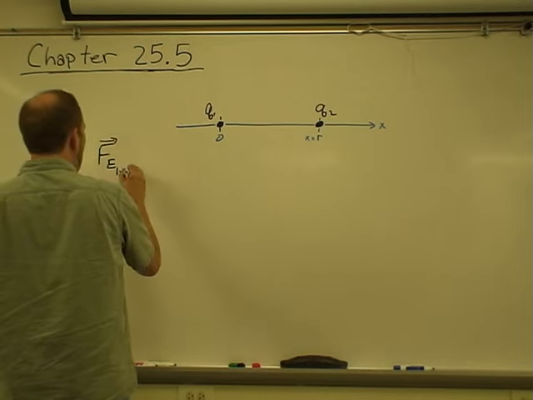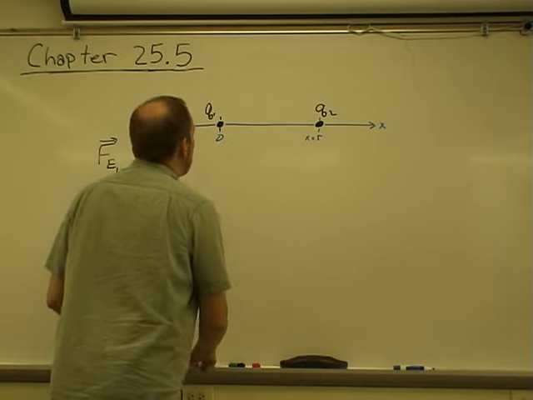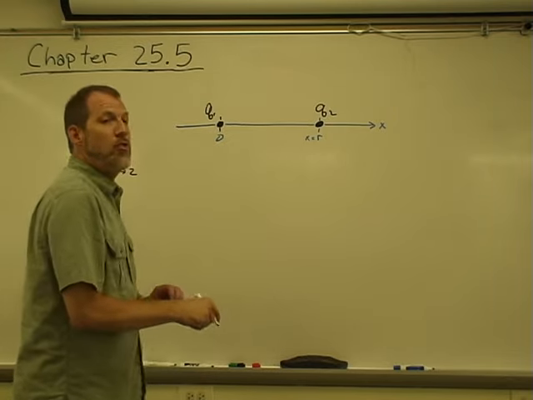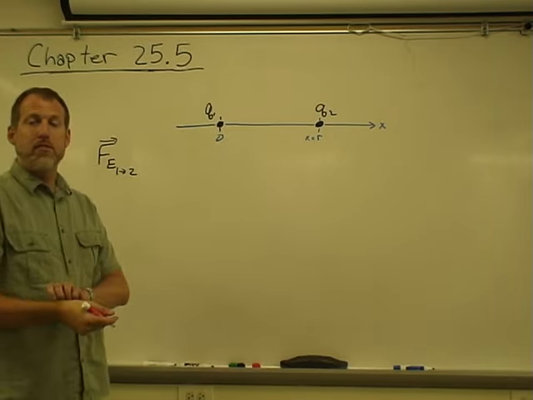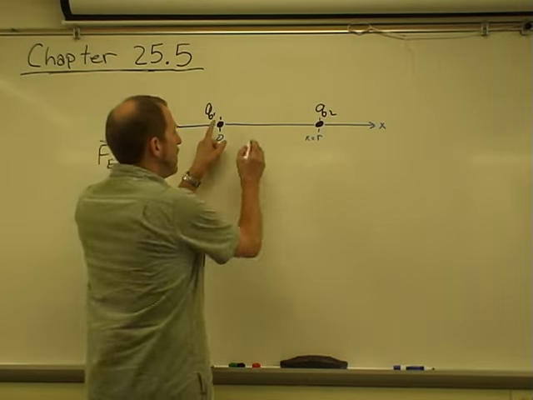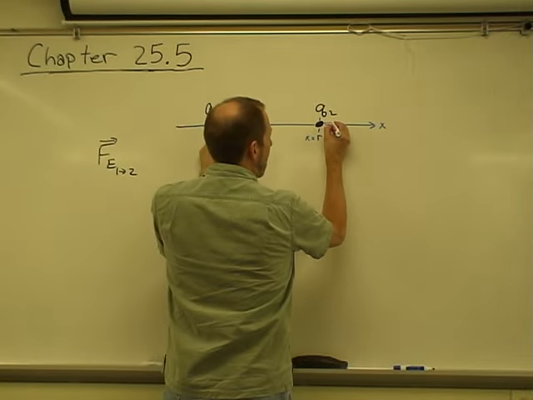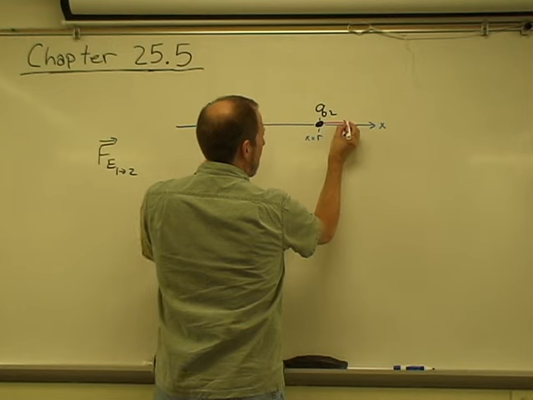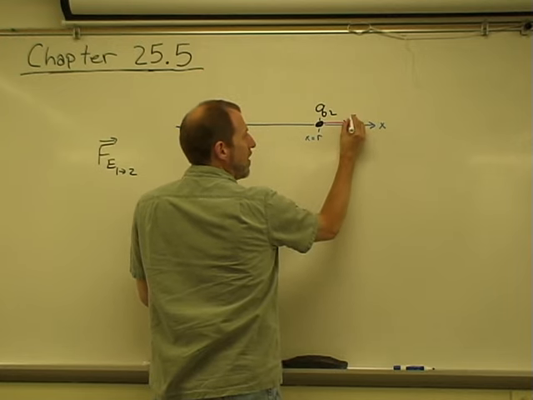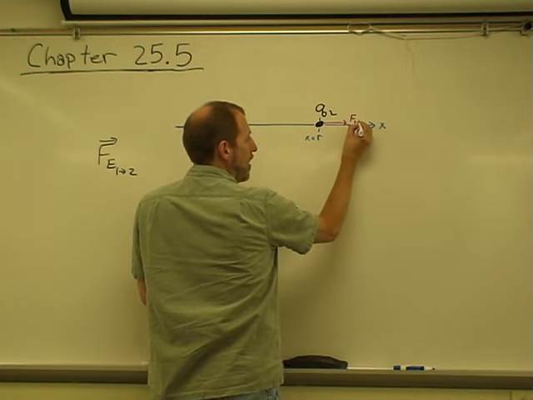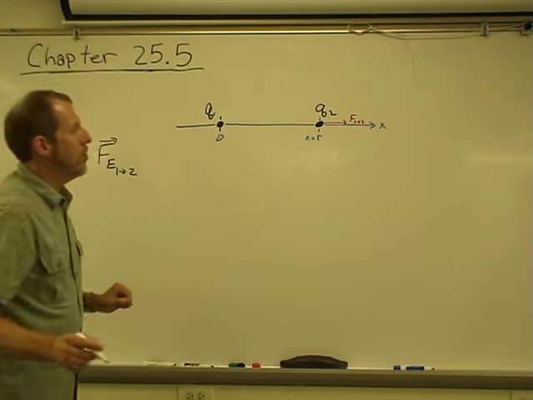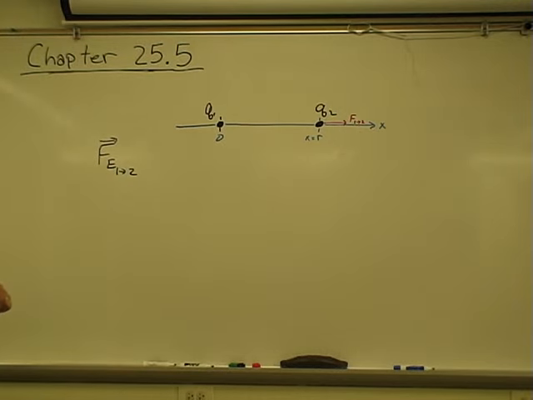In that case, if I want to find the electric force of thing 1 on thing 2, well, we're going to assume they're both positive charges for just a moment, which means that there'd be a repulsive force, which means that the starting expectation for thing 1 on thing 2 is radially outward.